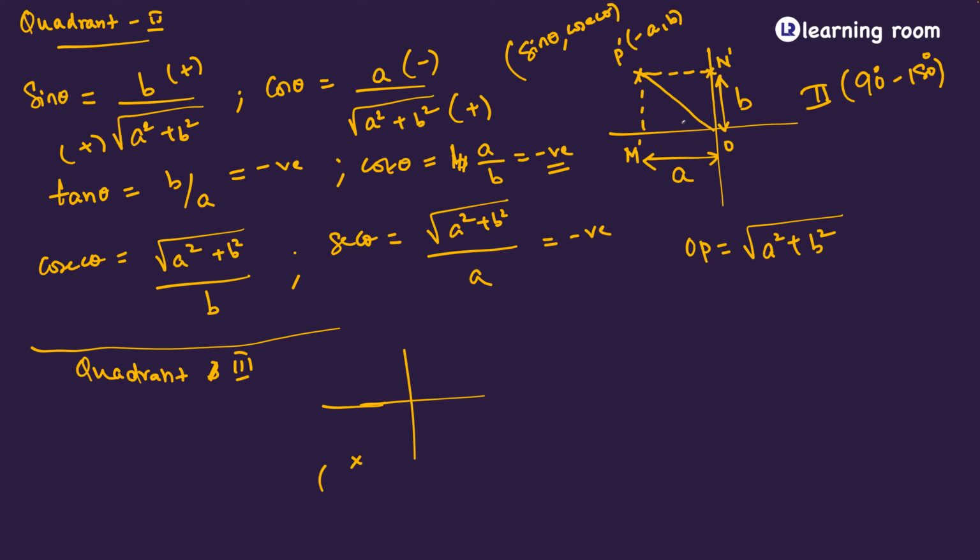I didn't write the angle here. This is not theta, because I told you the angle should be obtuse. The angle is measured in the anti-clockwise direction. So sine of this angle is positive, whereas cos of this angle is negative. Meaning sine of an obtuse angle is positive, cos and tan of an obtuse angle are negative. Are you able to get some perspective out of this?